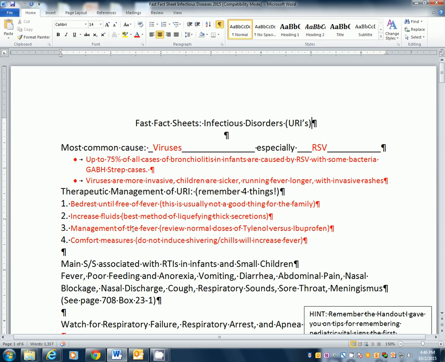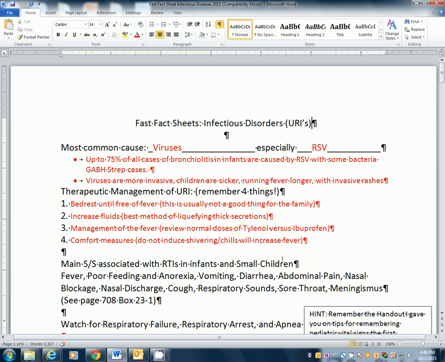Increasing fluids. This is the best method of liquefying thick secretions. Management of fever. Review your normal doses of Tylenol versus ibuprofen. You should know those by now. Comfort measures. Do things, but remember, do not induce shivering, because we talked about that in childhood infections. That will increase chills, and that will eventually increase fever.